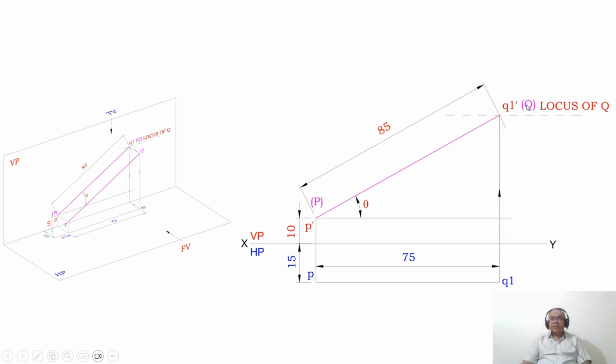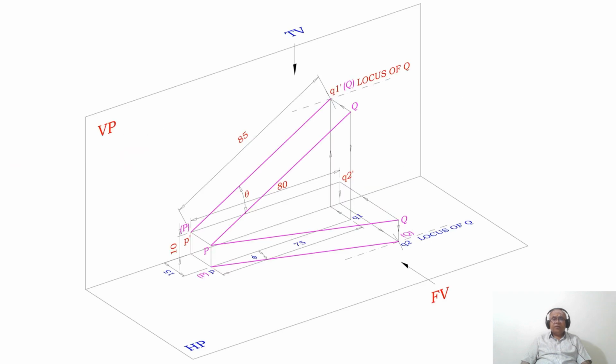You mark this point as capital Q, you mark this point as capital P, then this is the locus of Q, and you show the dimension of 85 as the true length in the front view. So this angle is going to be theta. So this is how you write the orthographic view for the first position, to find the true length and the locus of Q in the front view when the corresponding top view is parallel to XY. Once you do that, now we will go for the second case.